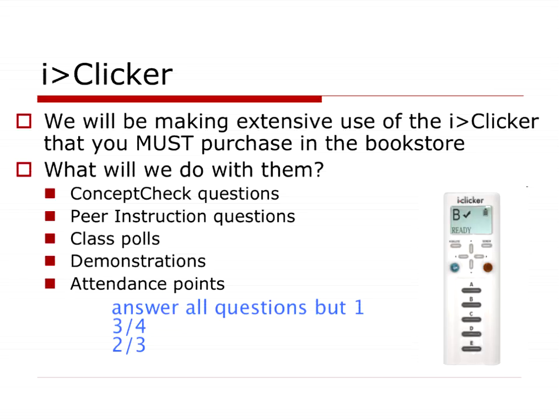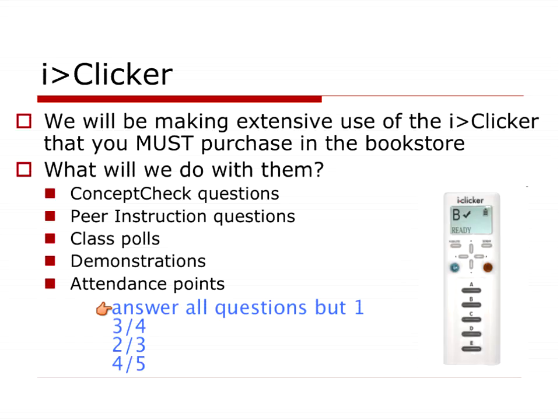So that means you have to answer 3 out of 4 questions in a class session, or 2 out of 3 questions, or 4 out of 5 questions, or more to get the attendance points. Okay? The attendance points, as you're going to see in a minute, are 5 points per face-to-face class session. But to get them, you've got to be there and answer the questions.